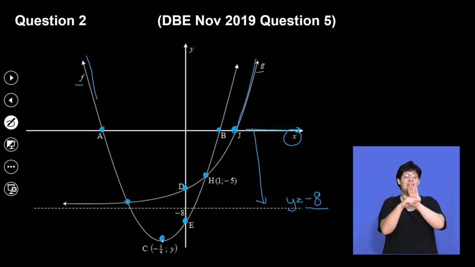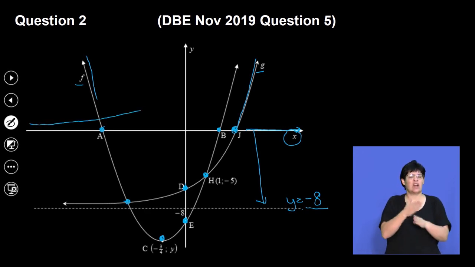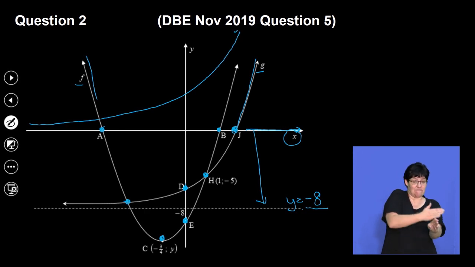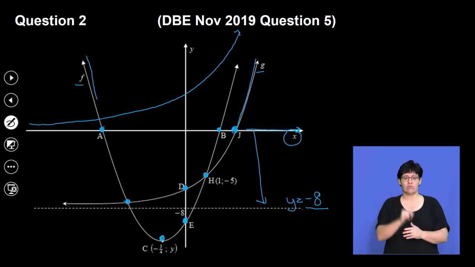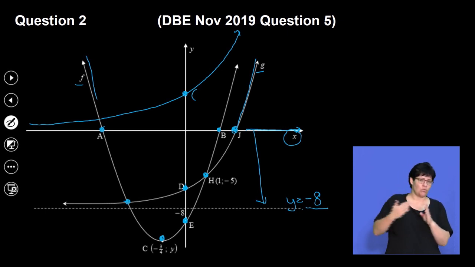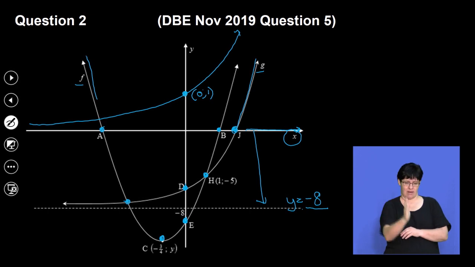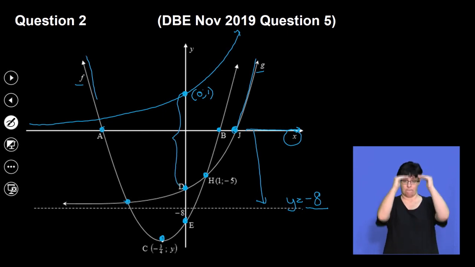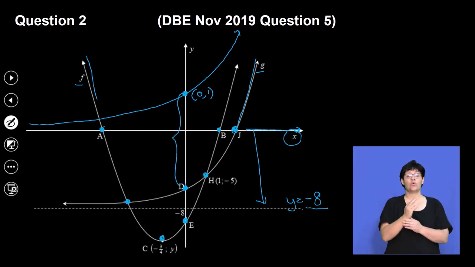So if we think about what this exponential function would have looked like before it was translated down, it would have looked like that, and it would have gone through 1 on the y-axis, which has the coordinates 0, 1. So because the whole function has been translated down by 8 units, this y-intercept has also been moved down by 8 units.